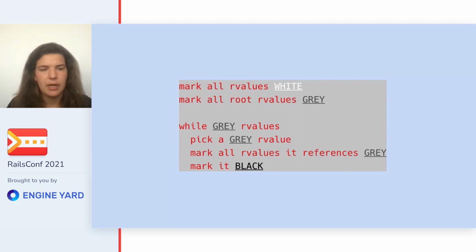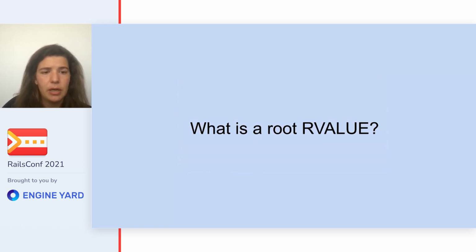So these are the steps here, and we'll go through them. No need to memorize this. This slide will come back up quite a few times. But we first mark all R values white, and then the next step is to mark all root R values gray, which begs the question, what is a root R value? Root R values are R values that the program will always know about that are vital to the running of the program.